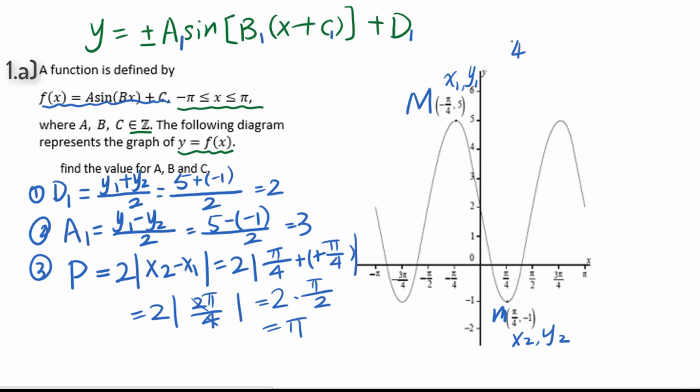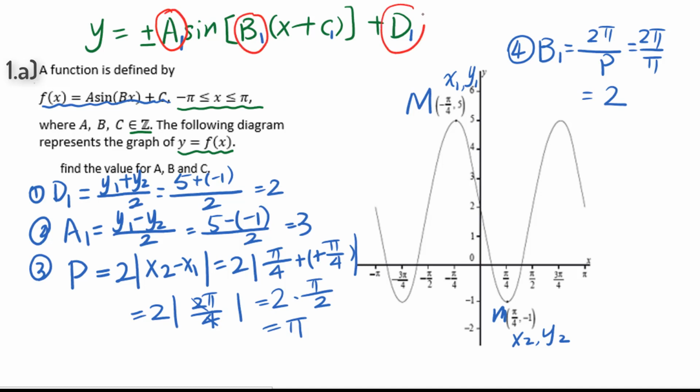The fourth step, we can figure out b1 equals 2 pi over p. Therefore, you will get 2 pi over pi equals 2. We already figured out a1, b1, and d1. Then let's check back the pattern for this question.